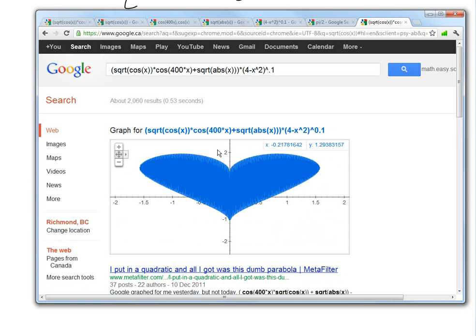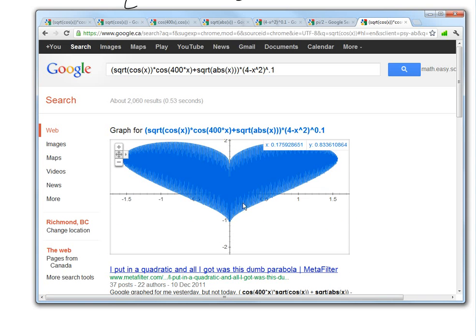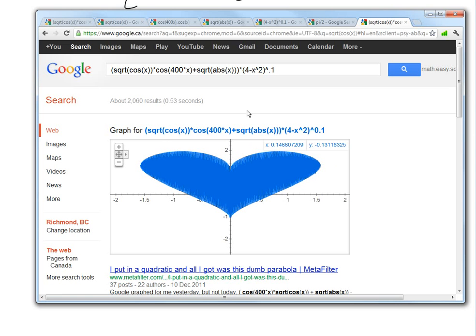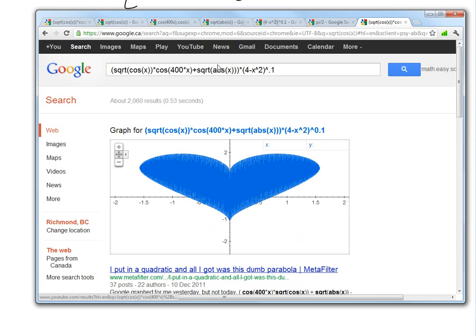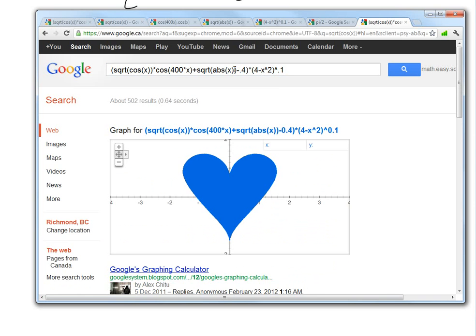Right now we get an awkward looking heart. And since we added this one, we don't have these extra circles, because now x is less than 2 and greater than negative 2. So now we just play around with this. Add, let's say, minus 0.4 to make it more evenly spaced out like that.